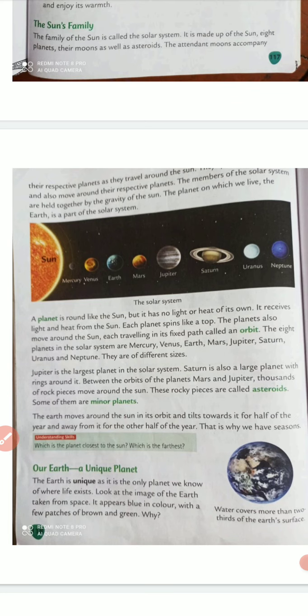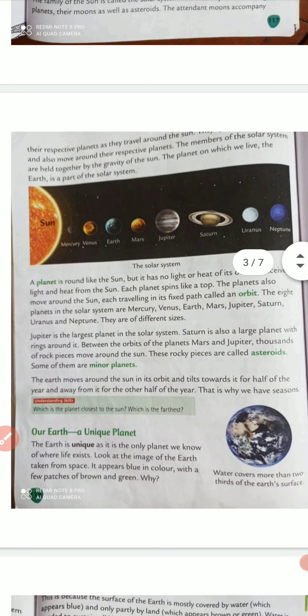The 8 planets in the solar system are Mercury, Venus, Earth, Mars, Jupiter, Saturn, Uranus and Neptune. They are of different sizes. Jupiter is the largest planet in the solar system, and Saturn is also a large planet with a ring around it.